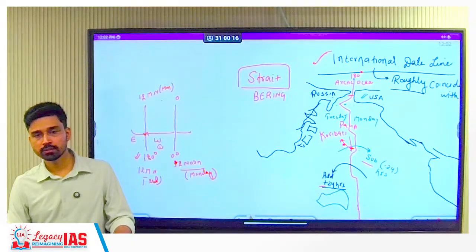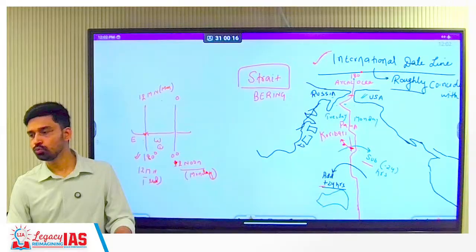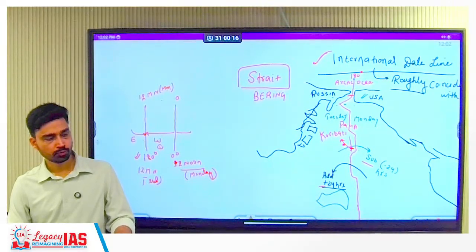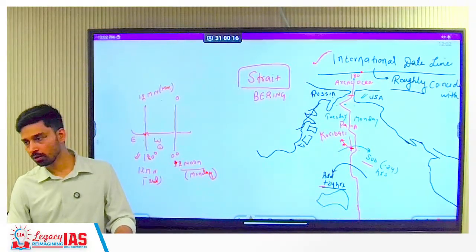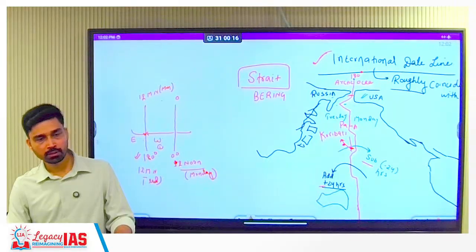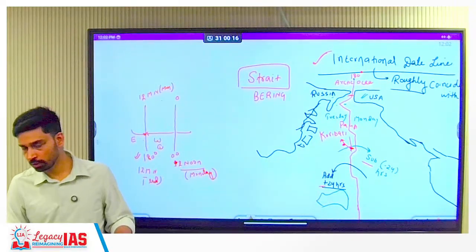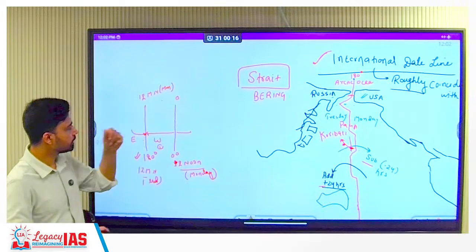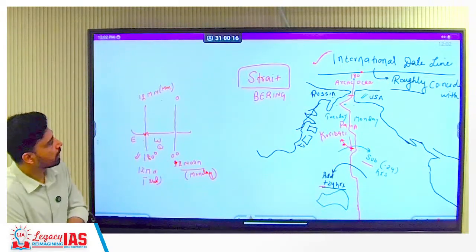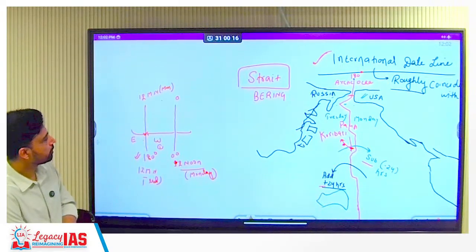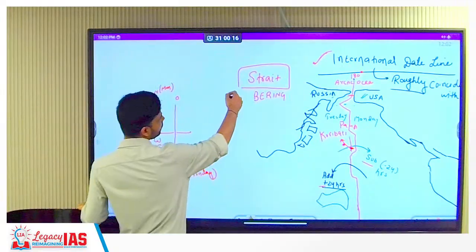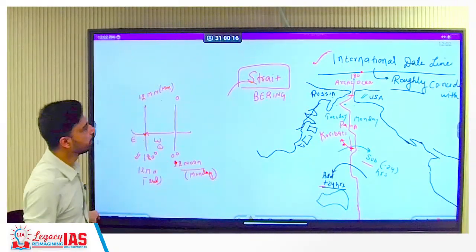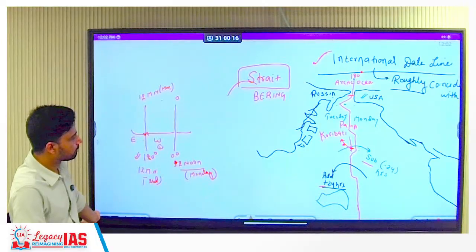A strait is a narrow water channel that connects two large water bodies. Numerous straits you'll find all across the world because 70% of our Earth's area is covered with water itself. One such strait is the Bering Strait, connecting the Arctic Ocean and the Pacific Ocean, and the international date line passes through it. So that's about the concept of the international date line.